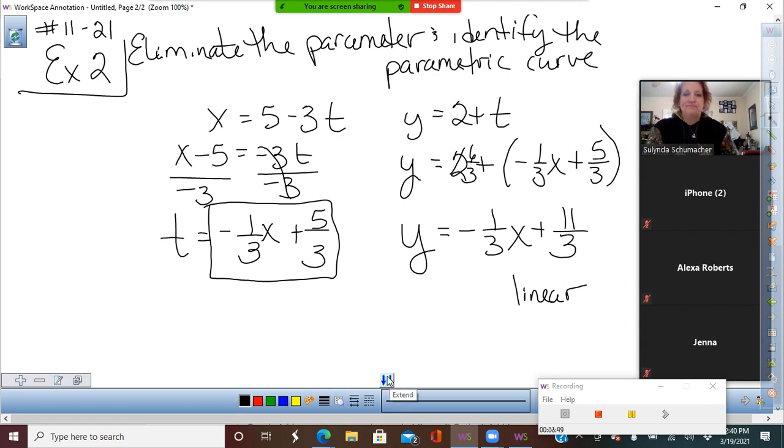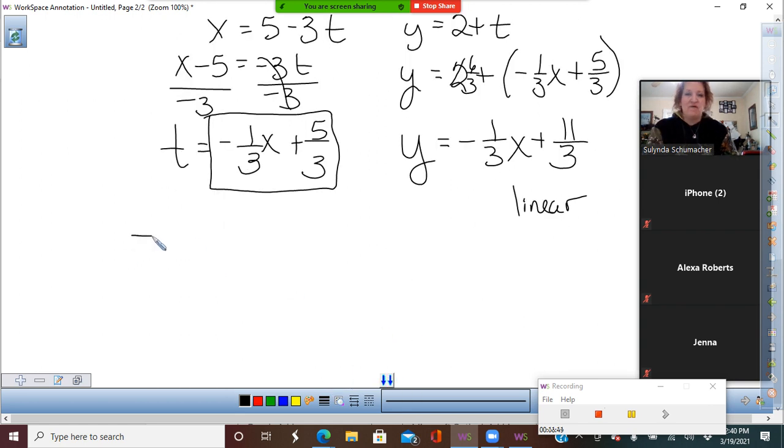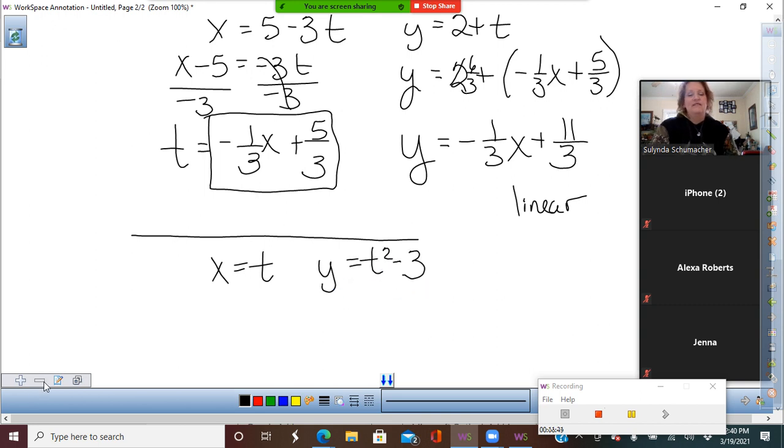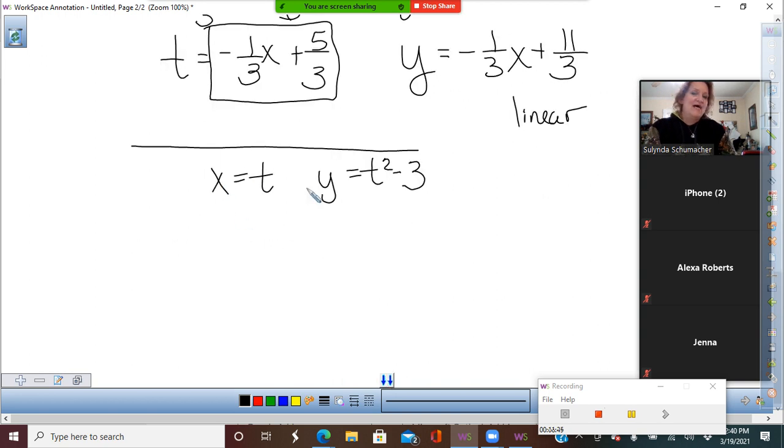Try another one. I'm keeping this under the same example, so I'm just going to draw a little line here. Let's say that x equals t and y equals t squared minus 3. Well, if you come across a problem like this, x is already set equal to t. So the only thing you have to do on these problems is to take this x and plug it in where t is over here.